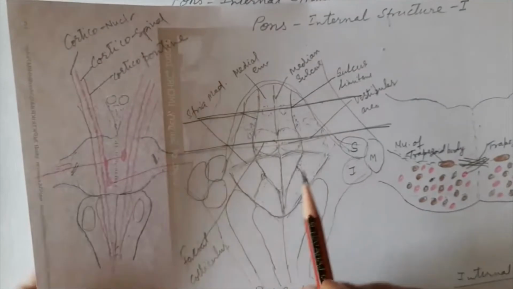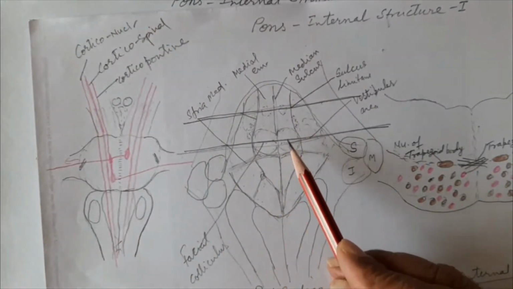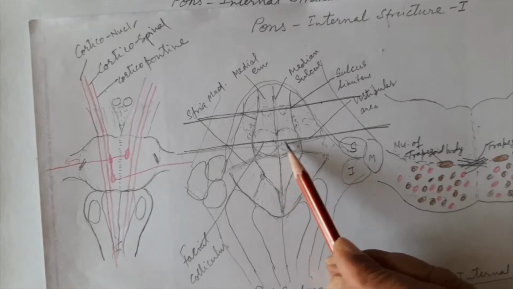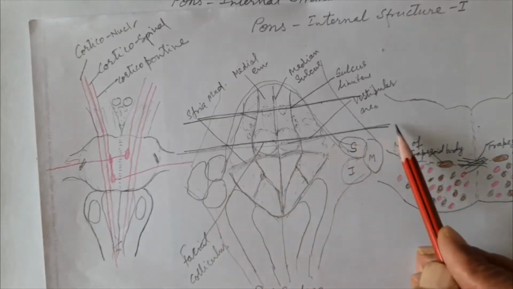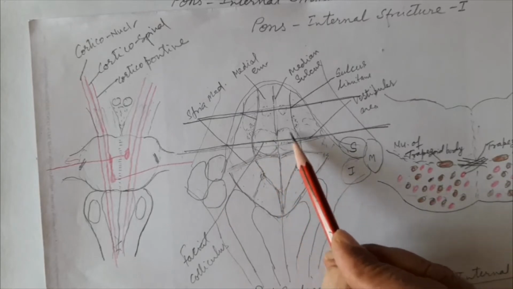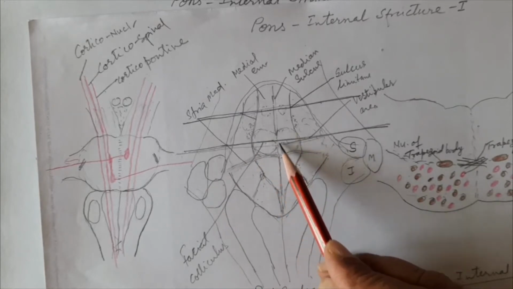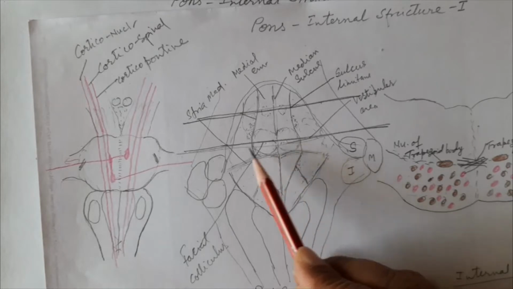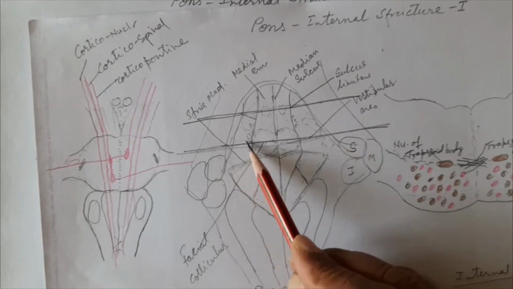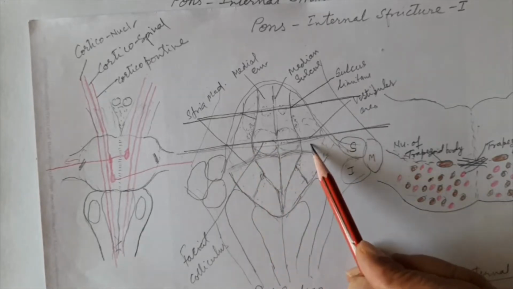Coming to the same again: here is the facial colliculus, deep to which lies the abducent nucleus, and in the lateral area, the vestibular area, will be the vestibular nuclear complex.